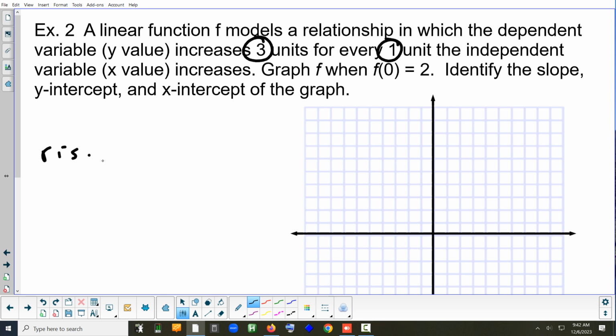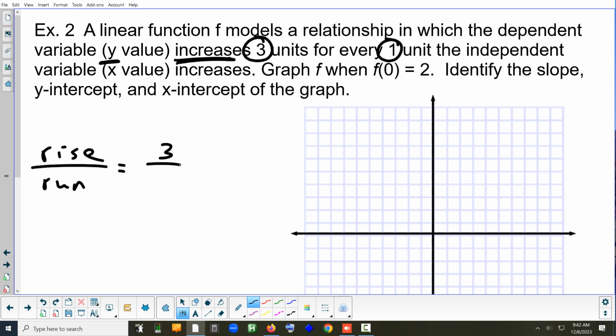Okay, so let's see if we can figure it out as rise over run. The rise, that's up and down. How many units are they telling me that I go up? 3. They're telling me that on the y, I go up 3. So that increasing by 3, that's like my rise.